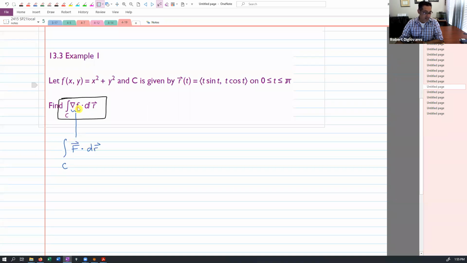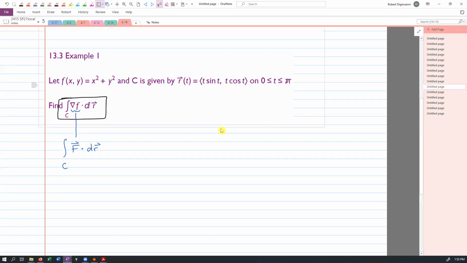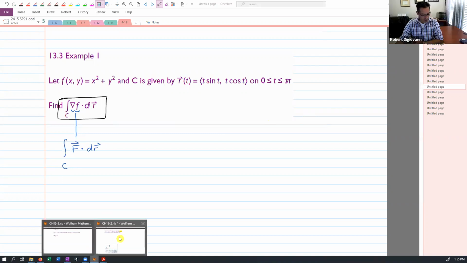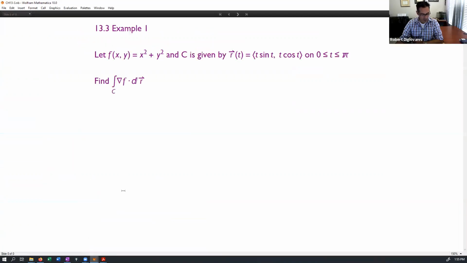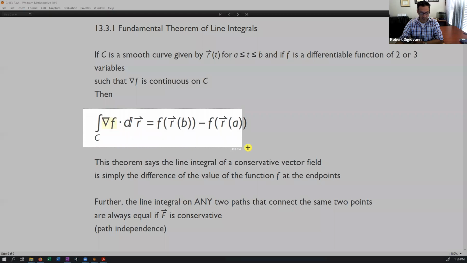So because that's the gradient of little f, can we use the fundamental theorem of line integrals? Yes, we can. It says in the theorem that as long as your vector field is the gradient of some scalar function, then this just becomes this. That's all it becomes.